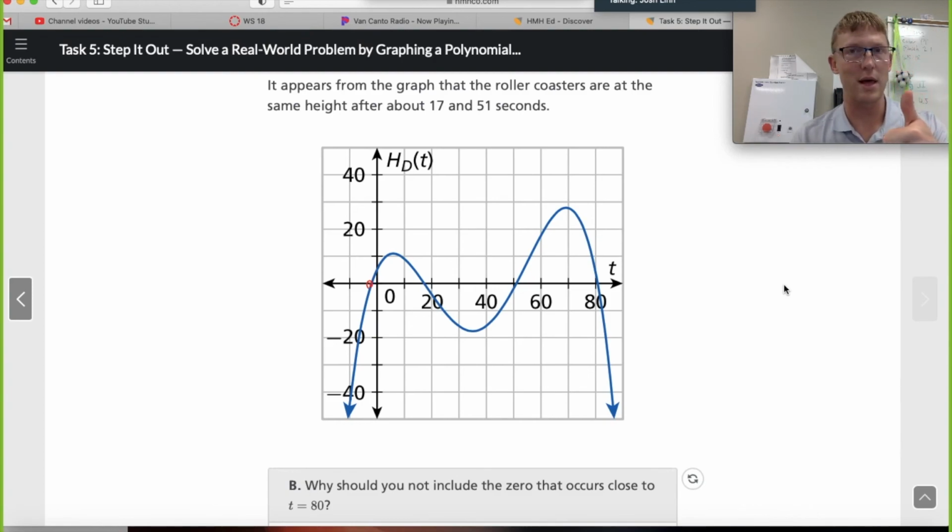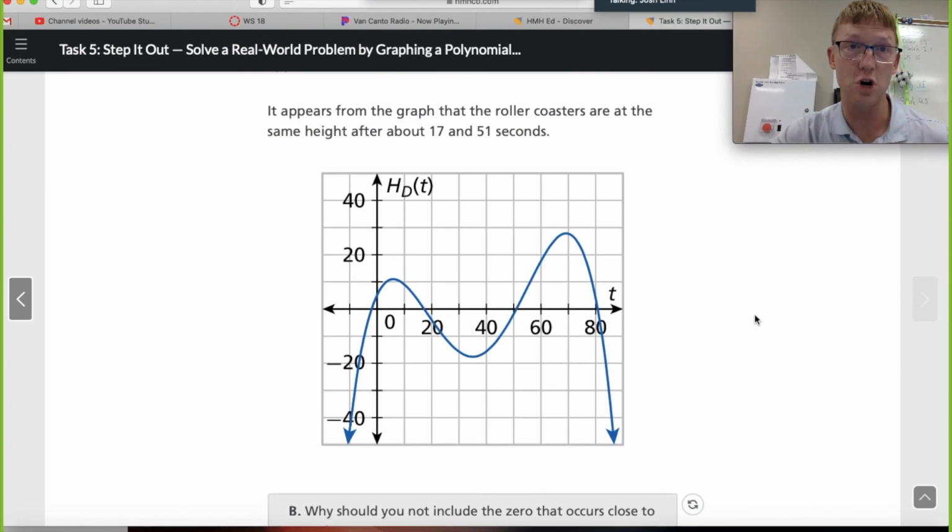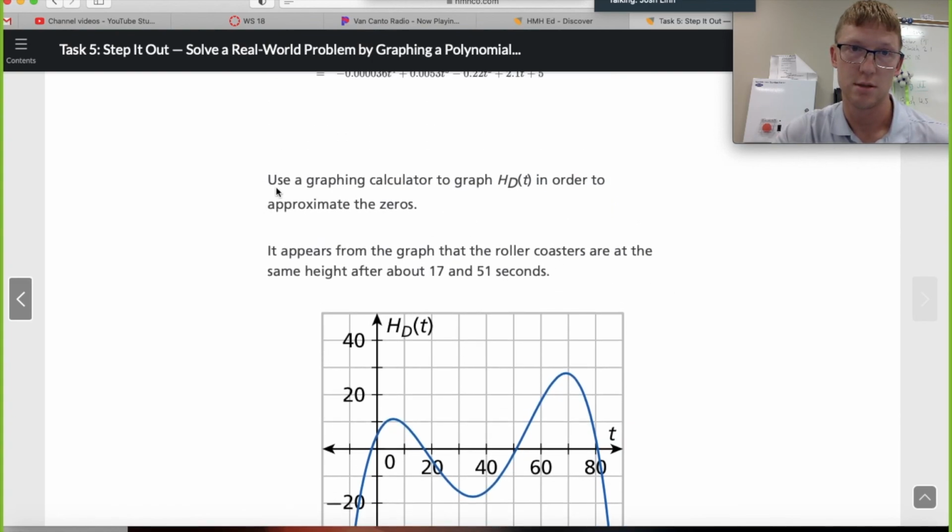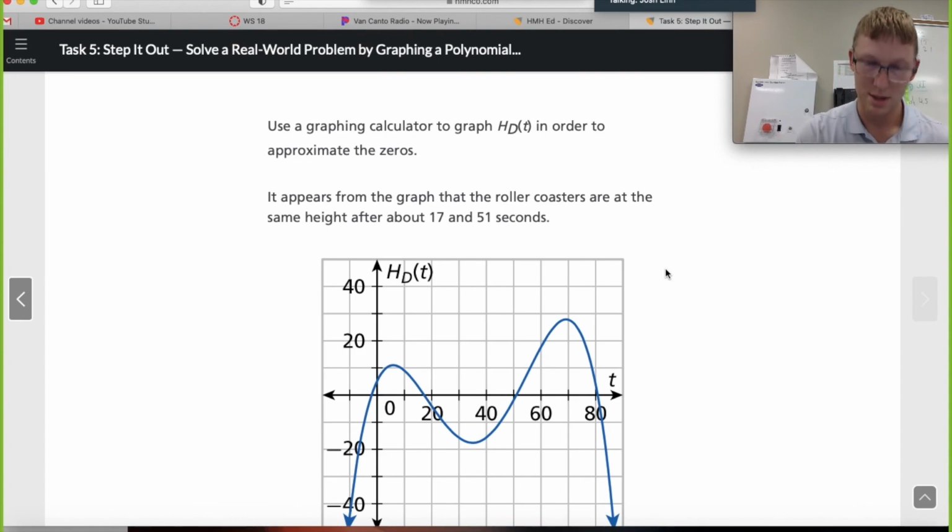Also, imaginary numbers, we're in the real world, they're not going to be useful in this situation. So we're only looking for real numbers. So we see one right there, one right there, and one right there. But I believe they are looking for the first. Okay, maybe they're looking for all of them. Whatever, that's fine.